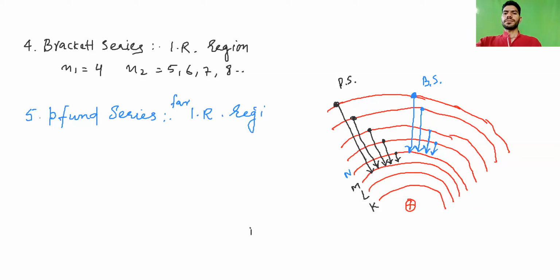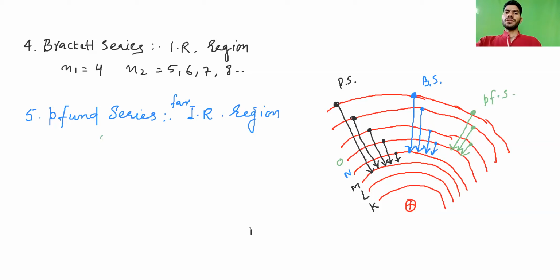So here, let's say this is the electron in the higher energy level. It will jump into this O. Similarly, the electron in this other energy level will also jump into this O. So here you will get the Pfund series.